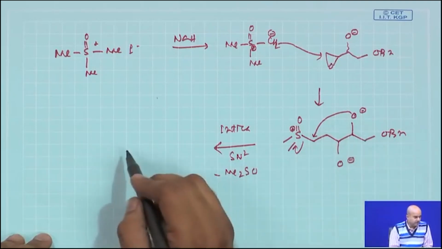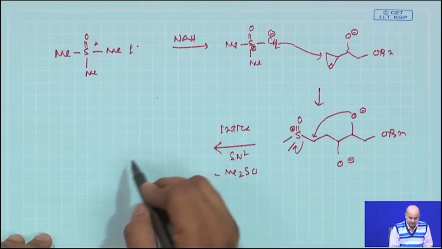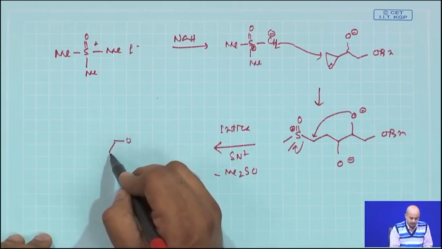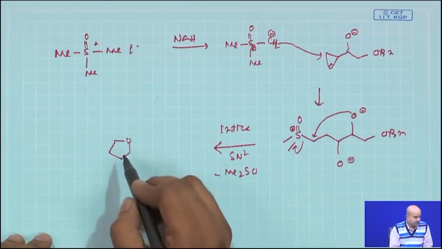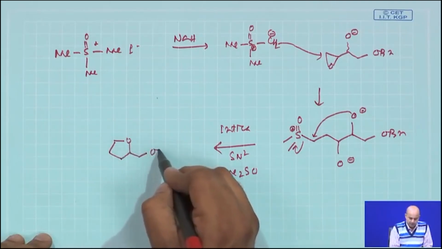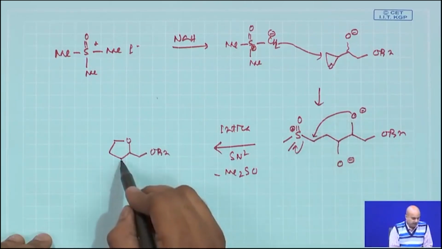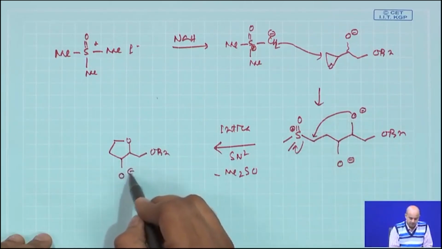So, then basically you will get the 5 member compound which we were discussing initially. Your OBn will remain here because you are making this carbon carbon bond, and your O minus is remaining here.